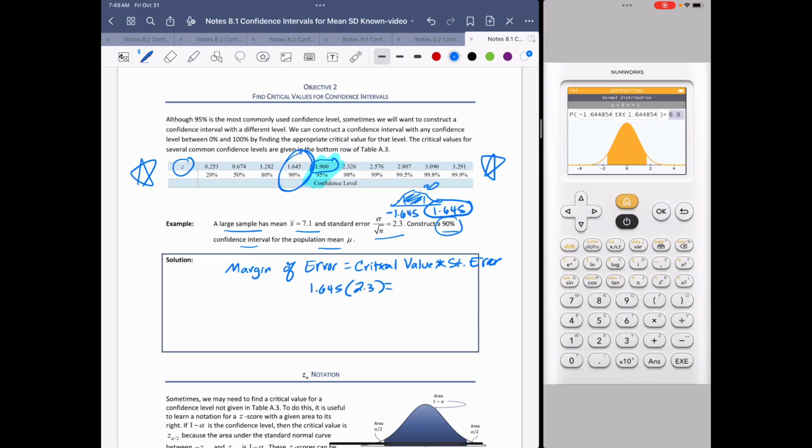All right, so I'm going to go out to just regular math, and I'm going to do 1.645 times 2.3. Now, if you see these decimals, typically we keep all the decimals. Just to make this easy, I want you to put 3.8, just to make this one quick to type in. Now, here's what Alex does.